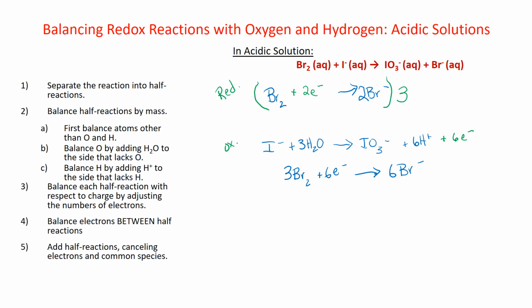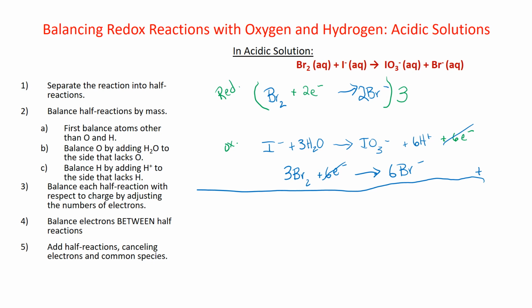Now we should be able to add these 2 half reactions together and cancel out the electrons and anything else that might be in common. And it does turn out that in this particular process, it's just the electrons that are in common. When I look through the rest of my reactants and products, I don't see anything that's the same. So I can actually just follow through and add everything down.